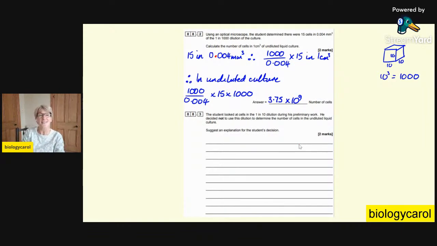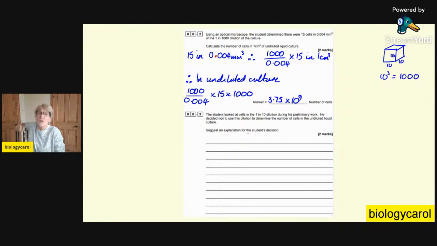The student looked at cells in a 1 in 10 dilution. Remember, visualize this: this is the one where he's only diluted it 10 times, not 1,000 times. He decided not to use this dilution to determine the number of cells in the undiluted liquid culture.